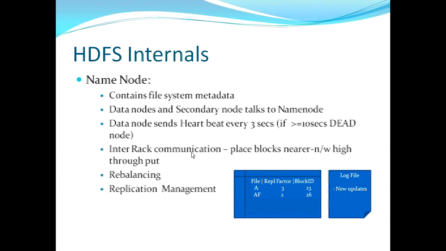It does this and evenly distributes the data across all the clusters. For replication management, every 10th heartbeat from a data node to the name node is actually a block report. With the block report, it finds a block that is under-replicated or over-replicated, so it will manage the replication.